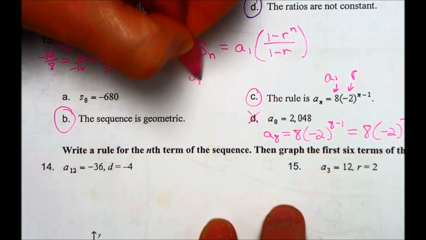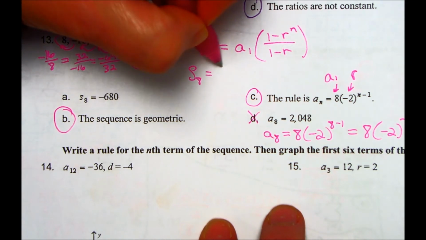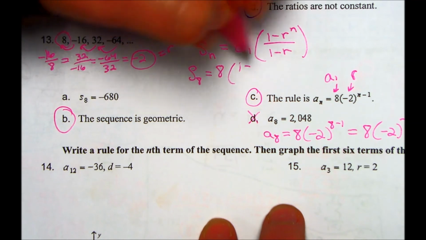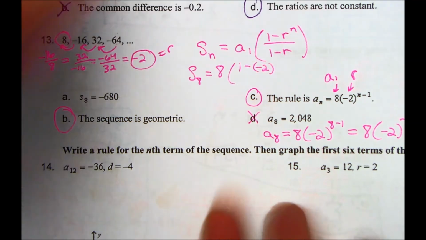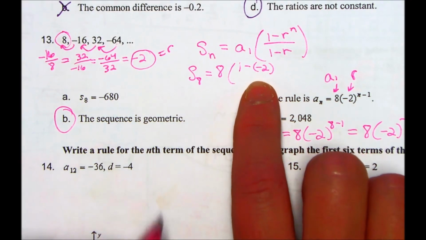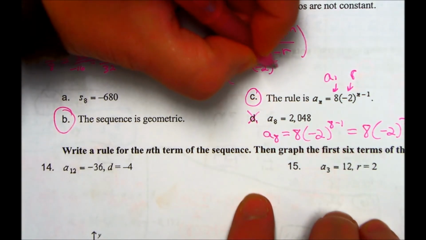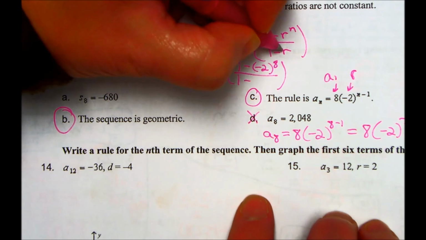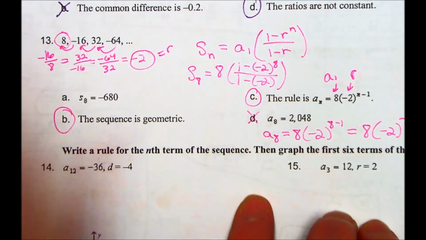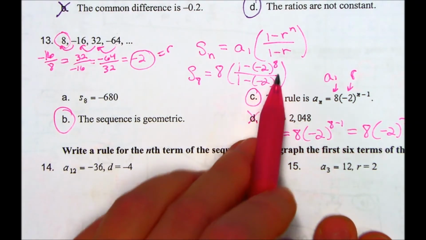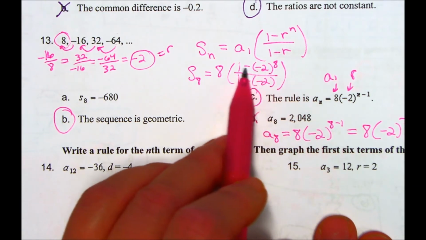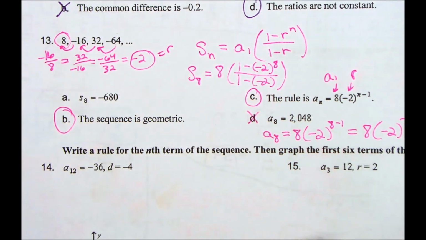So S sub 8 is equal to our first term, which is 8, times 1 minus r, which is negative 2. Be careful, put parentheses around that negative 2 to the 8th power, over 1 minus our ratio, which is, again, negative 2. So we're subtracting a negative. But in the numerator, you must do the exponent before you take care of this subtraction.